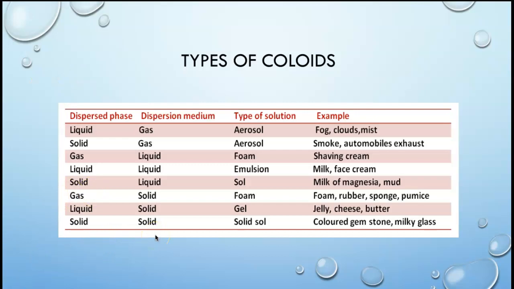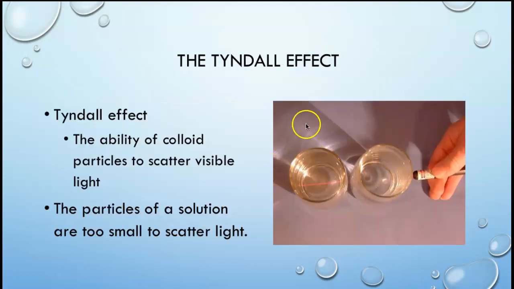So how can you tell then whether something is a colloid or a solution? Well, colloids exhibit something called the Tyndall effect. The Tyndall effect is the ability of a colloid to scatter particles of visible light. So, to observe the Tyndall effect, you would take a laser and you would shine it through a beaker.